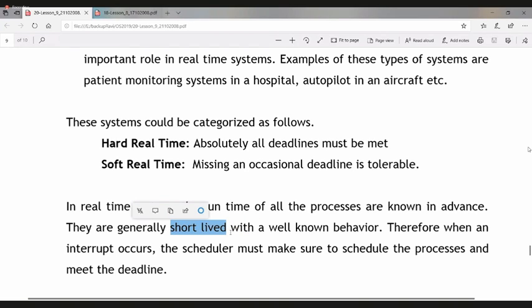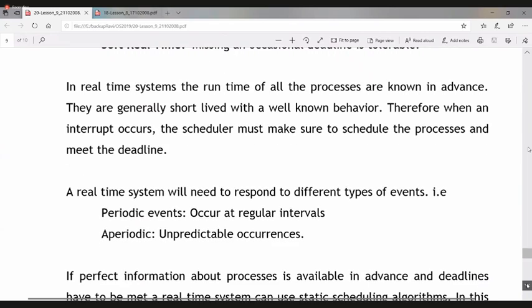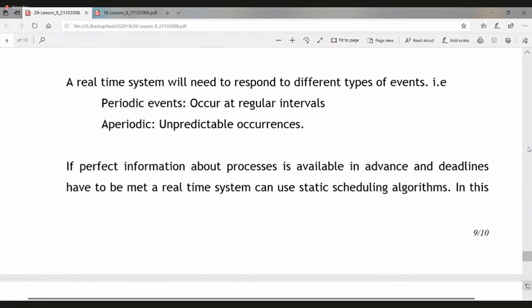Therefore, when an interrupt occurs, the scheduler must make sure to schedule the process and meet the deadline. A real-time system will need to respond to different types of events. One is called periodic events, which occur at regular intervals. Another is aperiodic, which are unpredictable. So once in a while, it will occur.